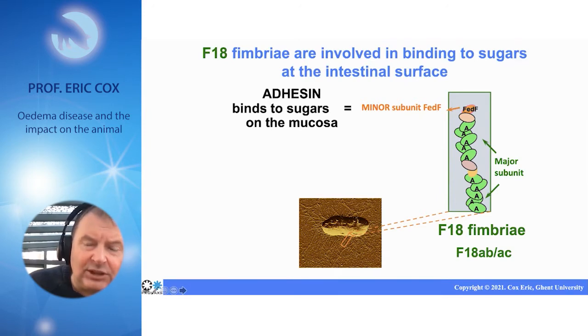And this protein for F18 is called FedF. And FedF is a protein that binds to sugars on the mucosa. So you have different serotypes of F18, F18AB and AC, but that has nothing to do with the recognition of the receptor. It has to do with the major subunit. And all these fimbria, F18AB and AC, bind to the same receptor on the mucosa.